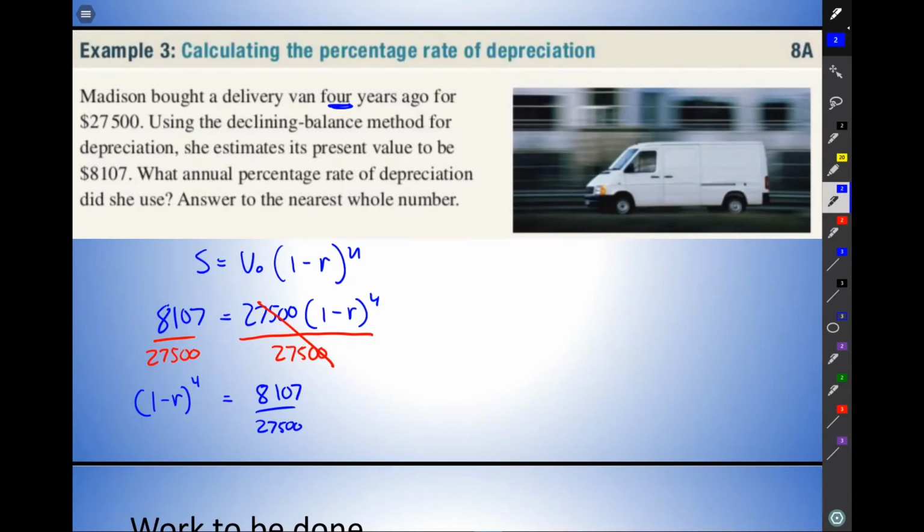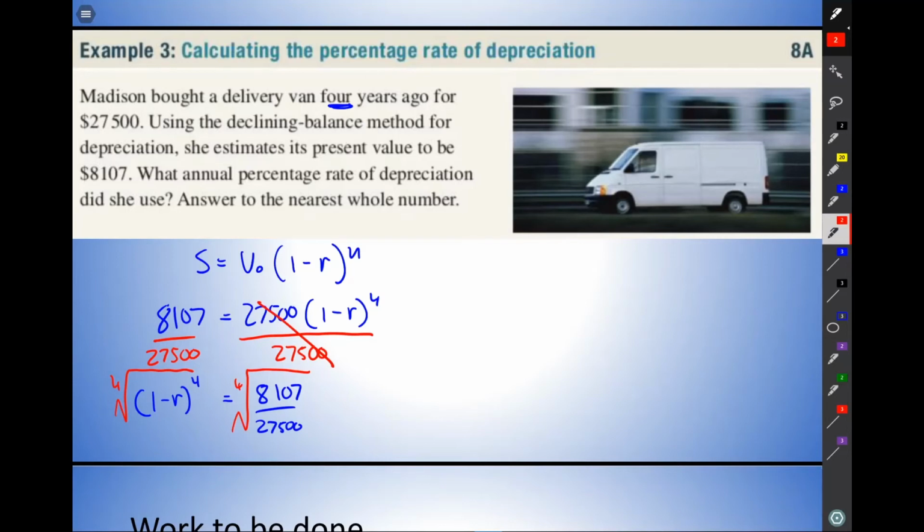And now we want to undo this to the power of 4. Your calculator has a button to do this operation. It's not the square root or the cubed root, it's the fourth root. If you're not sure how to do this, just ask me about it in class and I'll show you how to do this operation with your calculator.